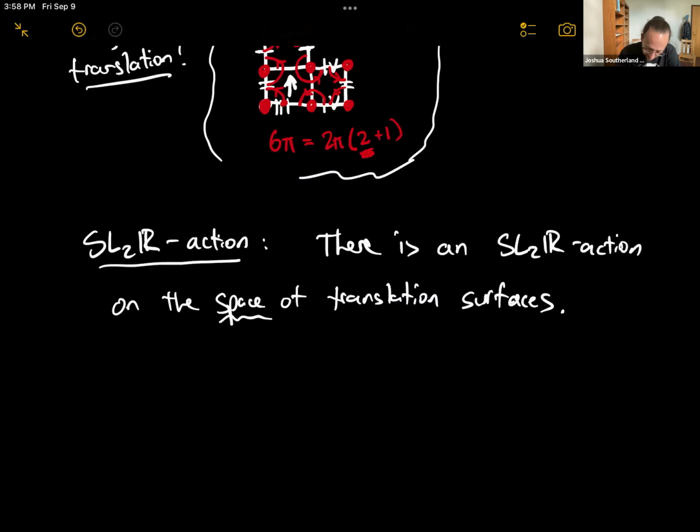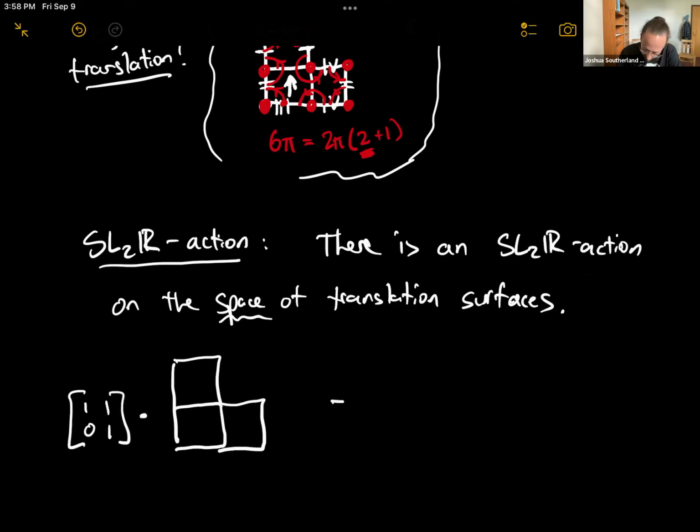And so if we're thinking about this object, this translation surface, as being in the plane, I could hit it with, say, a matrix. And it's going to do exactly what it would do in the plane. So this is a shearing matrix. It's just going to shear us a little bit. So we're going to end up with something kind of like this.